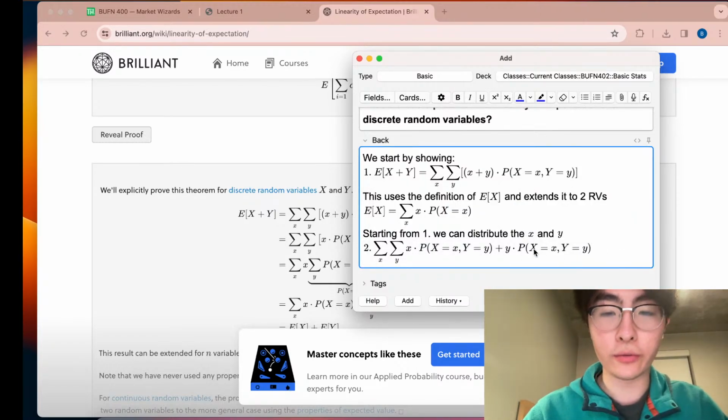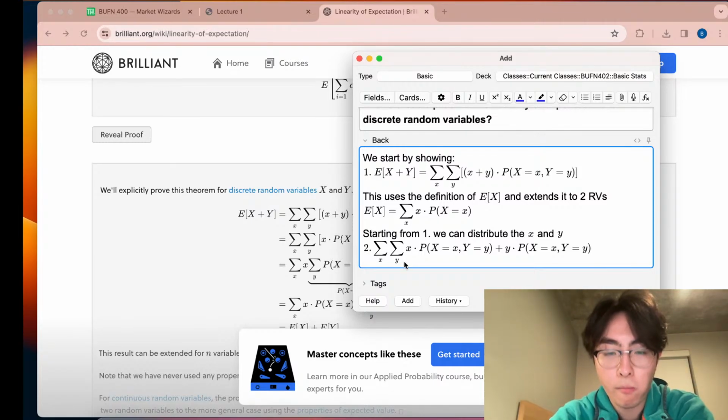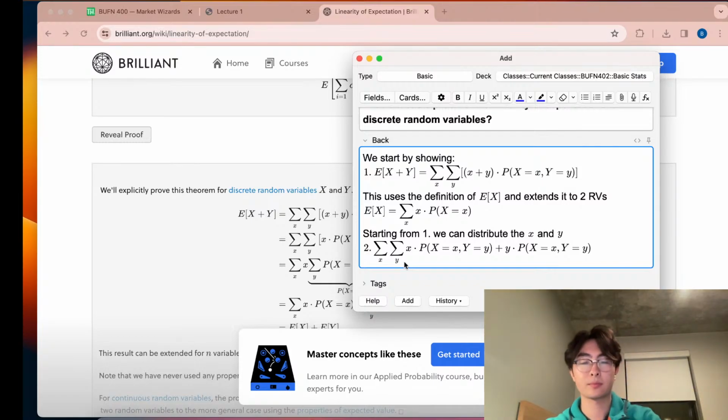So we go through all of the y's. This is like a two-dimensional for loop.